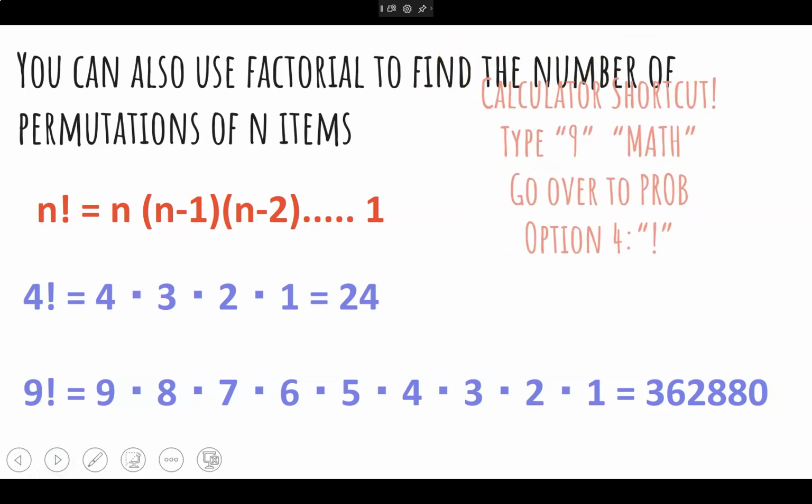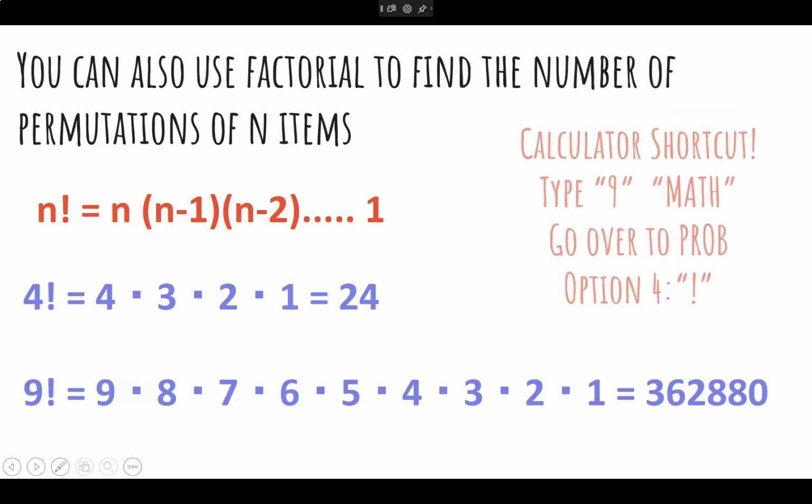There's a way for our calculators to help us. A factorial uses the exclamation point as a symbol. We're going to practice with 9 factorial. Push the 9 first, then push your math button and go over to the probability menu.